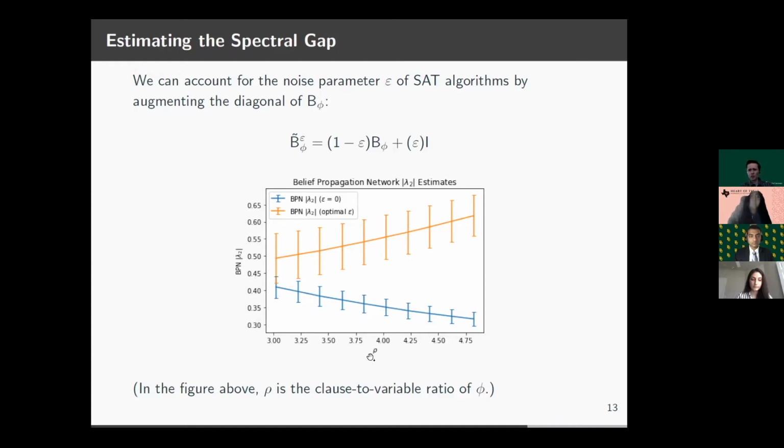We see that as we increase this clause to variable ratio, adding more and more constraints to the problem, if we don't add any noise, then the problem actually converges faster. But the reason that happens is because it converges to local minima. Whereas if we add noise, then the problem can escape those local minima and converge to a global minimum. But that results in a significant increase in solver time as we increase rho.